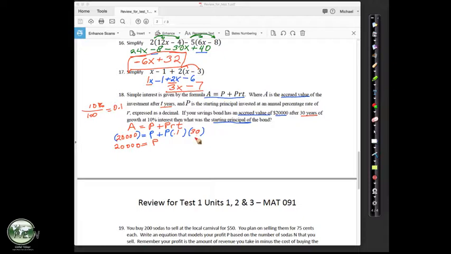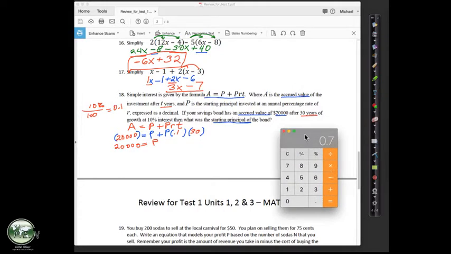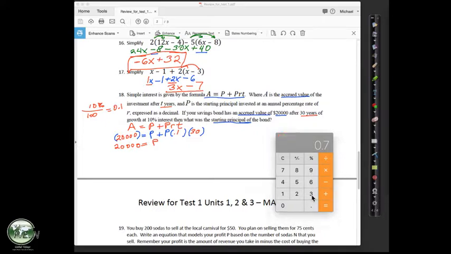We can multiply them. 30 times 0.1. Where's our calculator? I know you won't believe me if I just tell you. 30 times 0.1. Yes, it's just 3. Moves the decimal over 1 place. Okay.